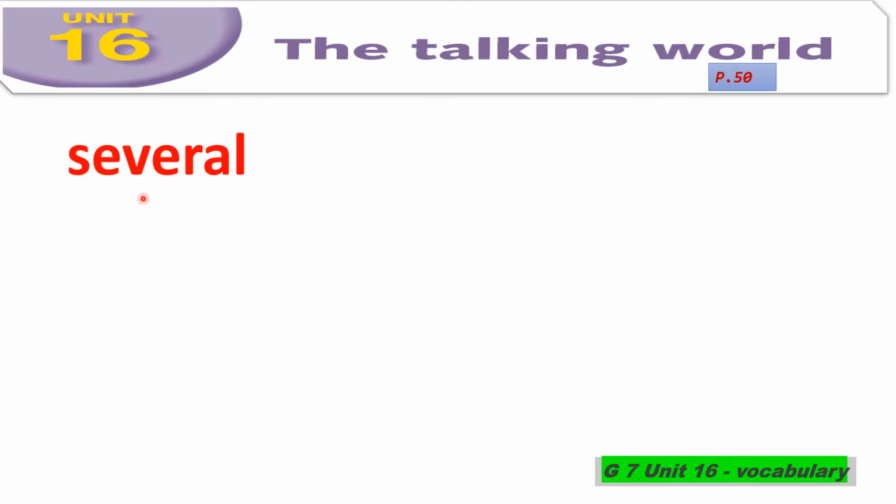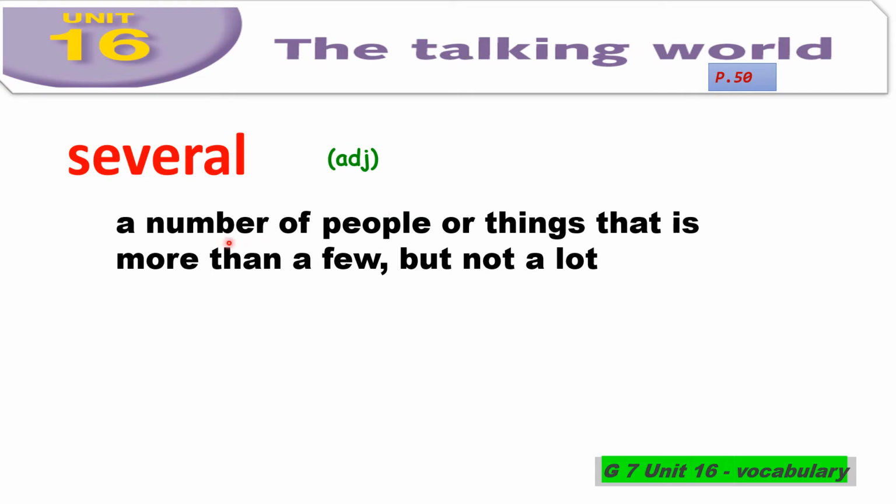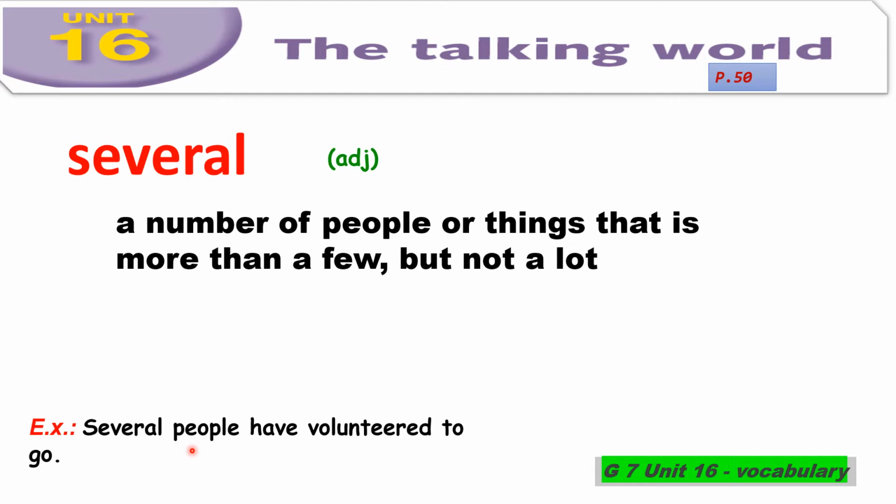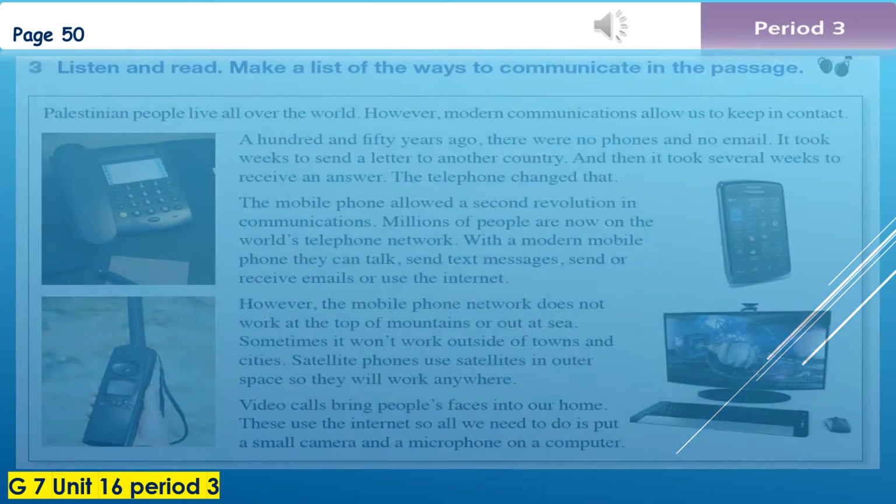The next word is several. Several is an adjective. Several means a number of people or things that is more than few but not a lot. An example is, several people have volunteered to go.